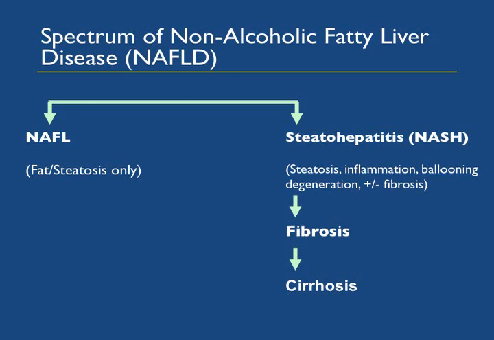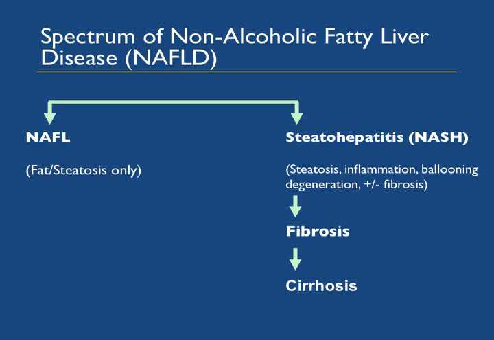And this is very important clinically because patients with NASH are those who will progress with time, develop more fibrosis, and ultimately develop cirrhosis. It's not uncommon that we see either the radiologists or other physicians referring to a patient as having NASH.